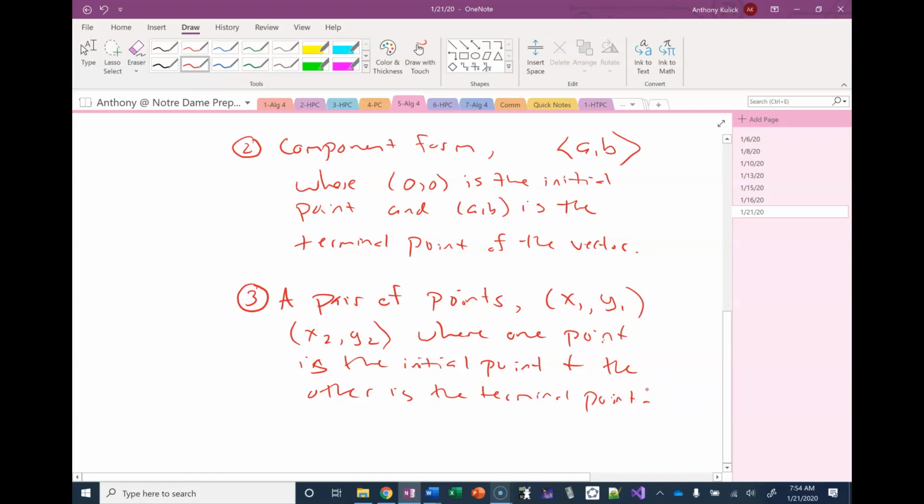So another way we can represent a vector is with a pair of points. So say we have point A, which is x1, y1, and point B is x2, y2. Then we can talk about the vector AB or BA.